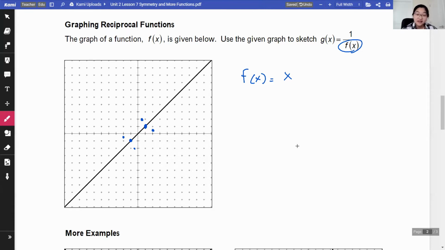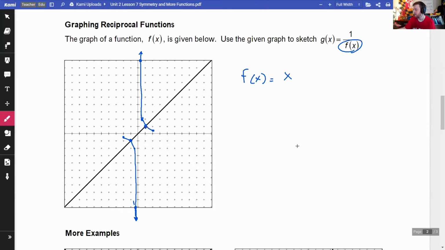If we plug in the closest number to 0 that I can think of in the positive direction, which is 1/10, that's gonna be 10, right? And same down here, -1/10. What if I plug in -1 billionth? Then you would go off the graph and you would get -1 billion. So we're getting bigger and bigger as we get closer and closer to 0. As you reciprocate graphs close to 0, what is the conclusion that we can make? I think we're getting a vertical asymptote.